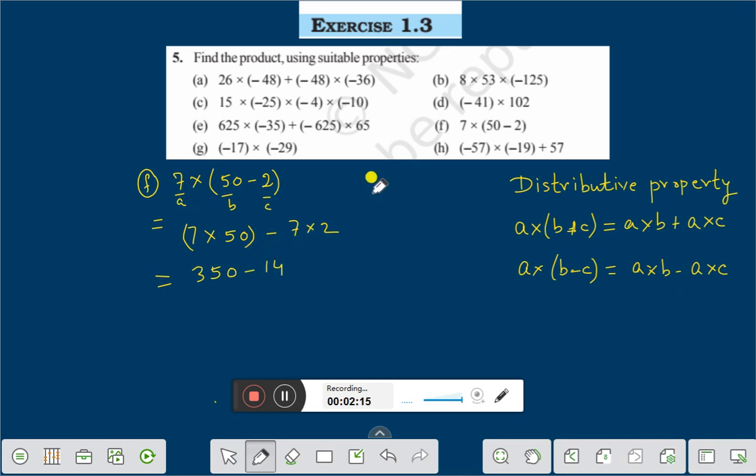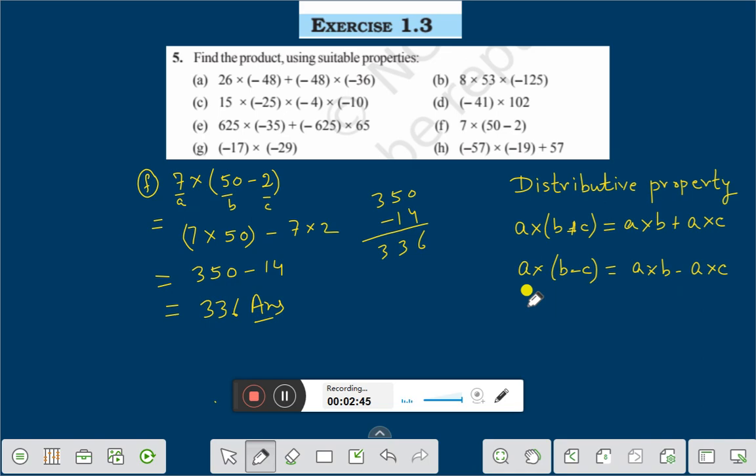If we subtract 14 from 350, we are getting 336. Here we have used the distributive property, A into B minus C is equal to A into B minus A into C.